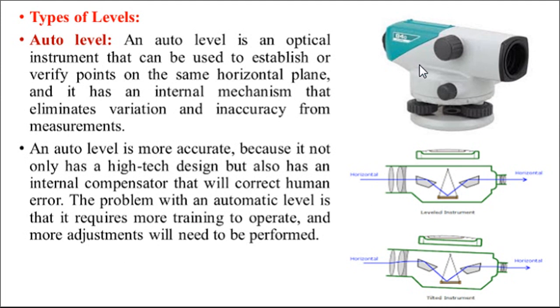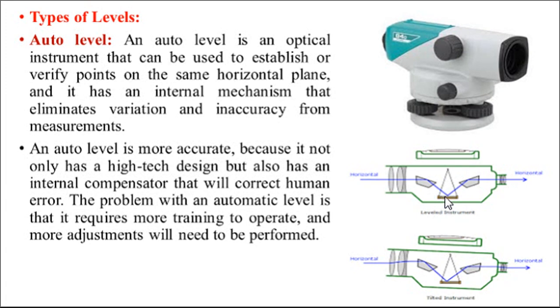So this is the auto level and this is the ray diagram of the auto level. On one side there is an eyepiece and on the other side there is the objective glass, and these are the rays which are passing through this instrument. Here there is a tilt compensator.